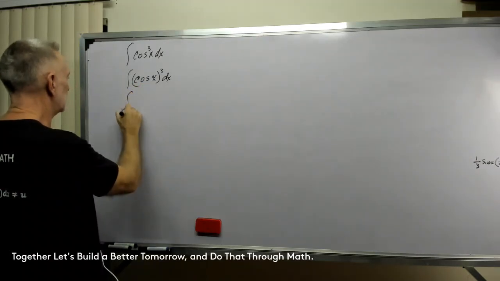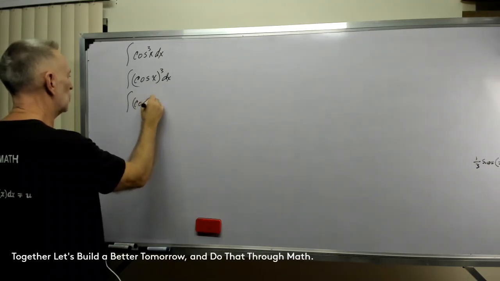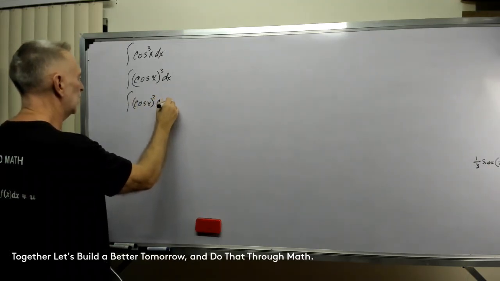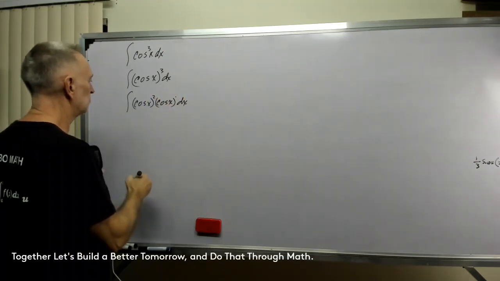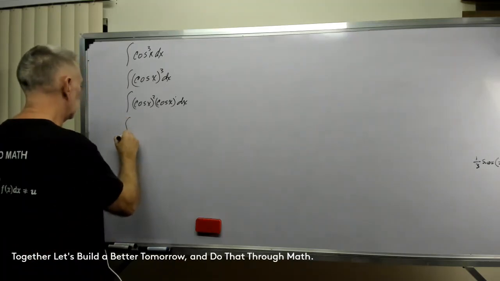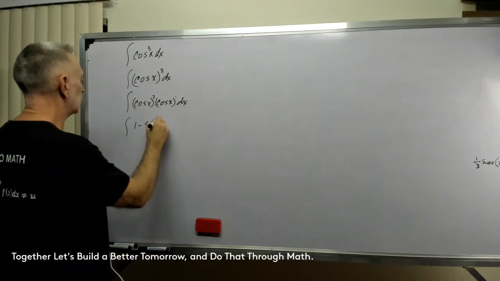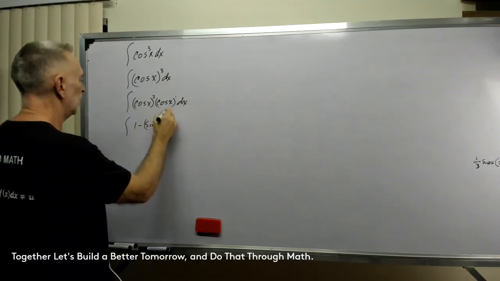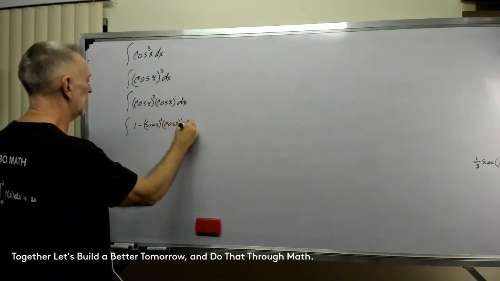Okay, now let's expand this. This could be listed as cosine x squared times cosine x to the first power dx. Cosine squared x is 1 minus sine x squared, times cosine x to the first power dx.